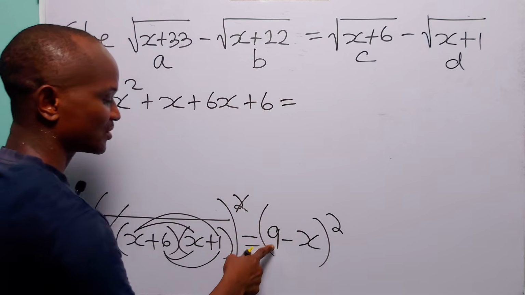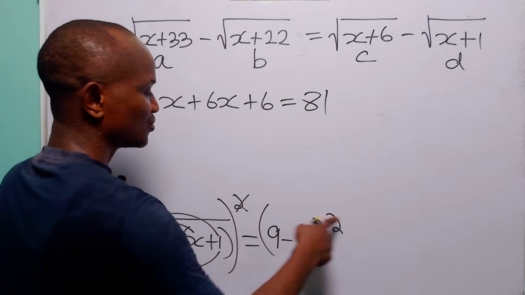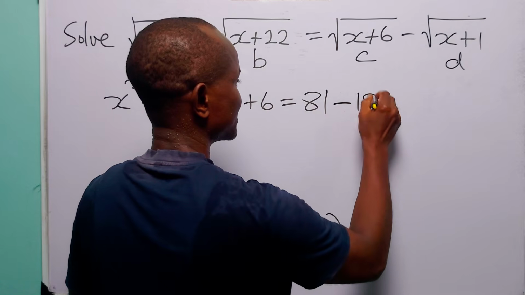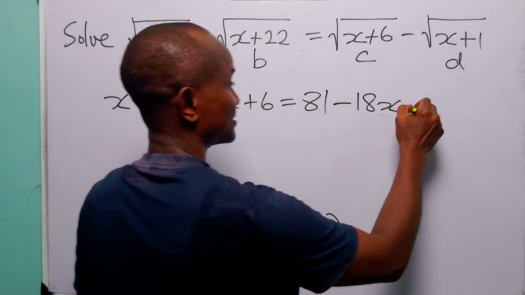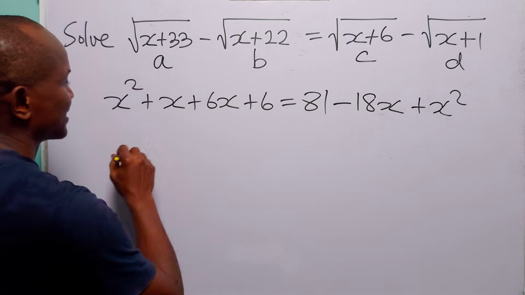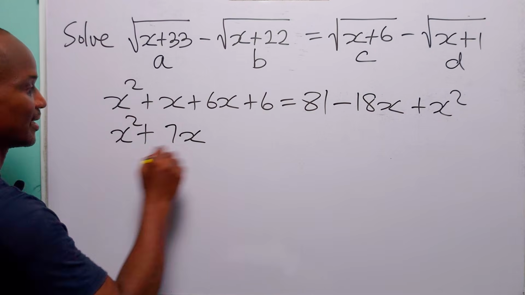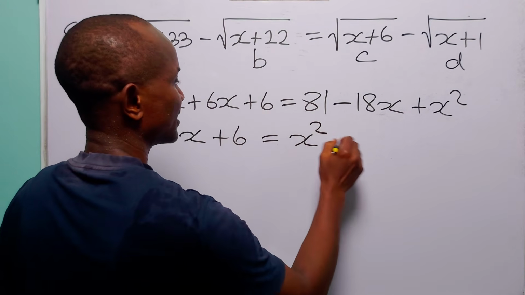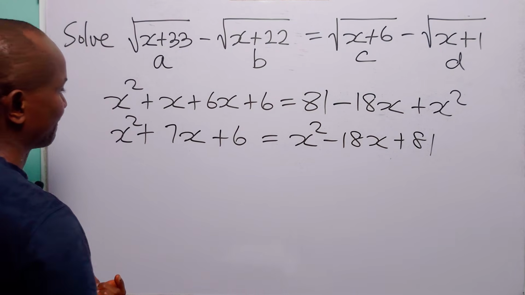And this is equal to 9 squared, which is 81, 2 times 9 times minus x is going to give us minus 18x, and minus x squared is plus x squared. x plus 6x is 7x, plus x squared plus 6. This is equal to x squared minus 18x plus 81.